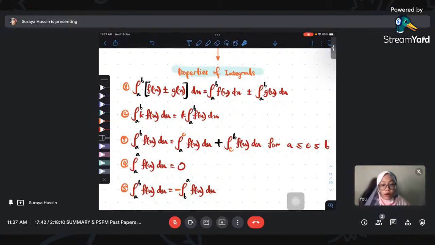Kalau tak percaya, buatlah, ambil contoh-contoh yang sesuai, yang membolehkan proof pada diri kamu that this property is actually true. Okay, all of this is true because it's already proven, dan kita hanya perlu pakai sahaja. Okay, so please bear in mind that this is hanya pertukaran nombor A dan B ni je lah. So please be careful on that.